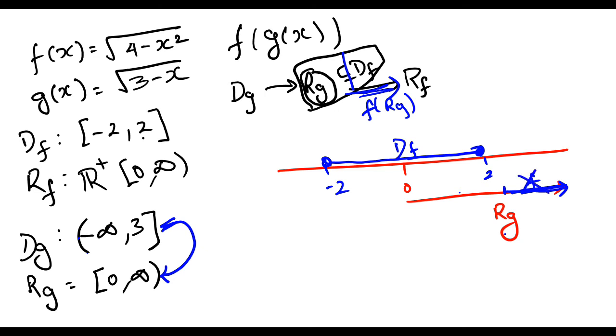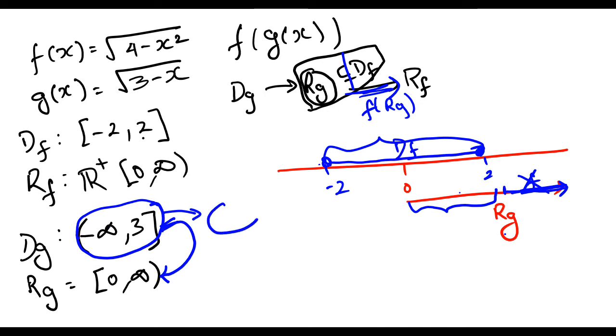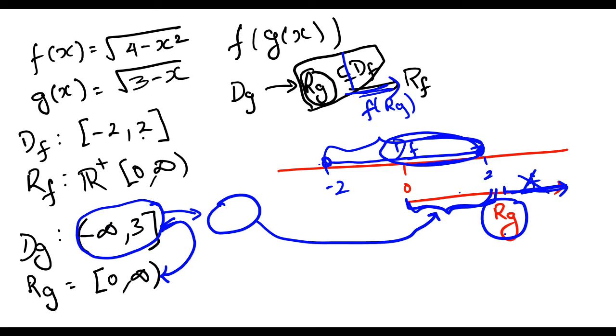So we can operate the f function only between 0 to 2 because the domain of f is from minus 2 to 2. And if you want to do this composition, you cannot do it on all values of the domain, but you can do it on another set of values of the domain which give me the range from 0 to 2. If I have that, then the range of g would be a subset of the domain of f. In that case, we can make the f of g of x.